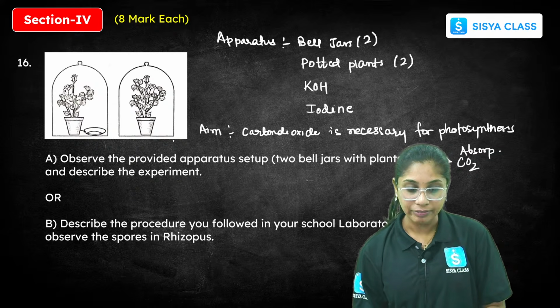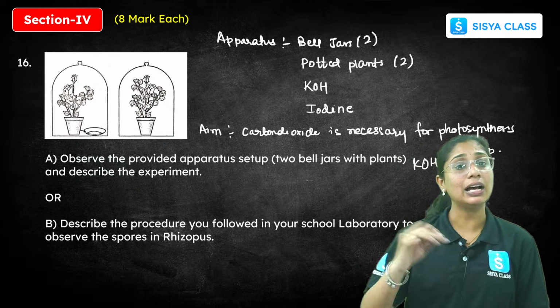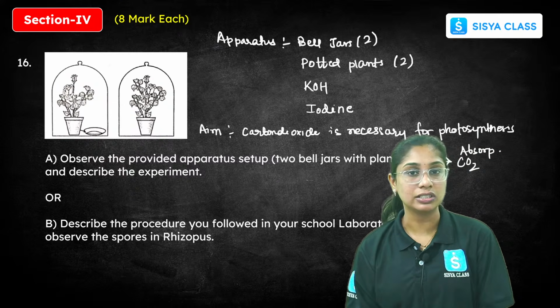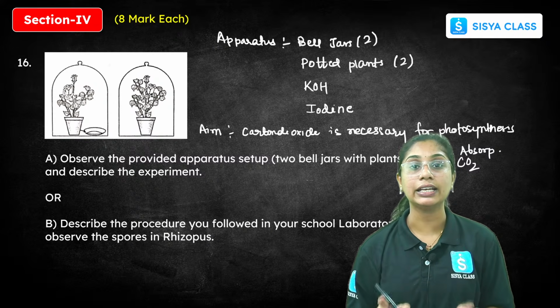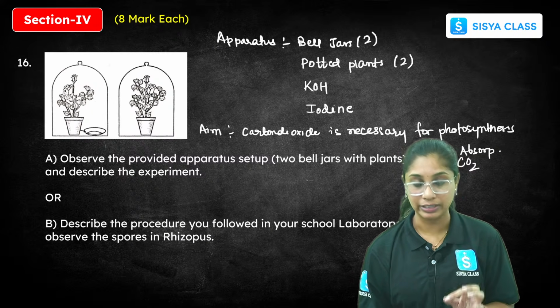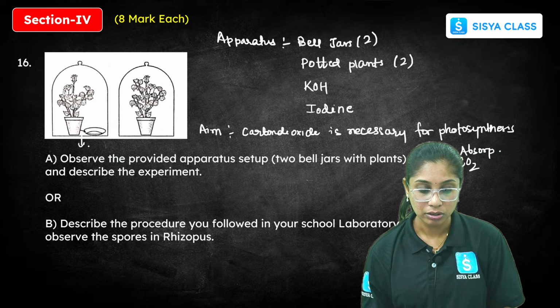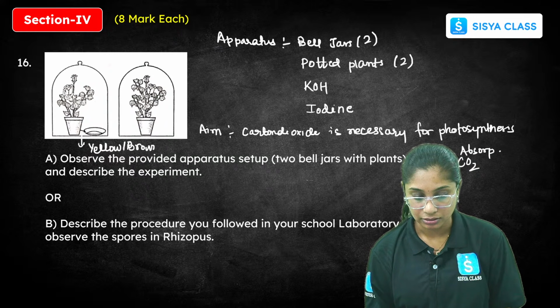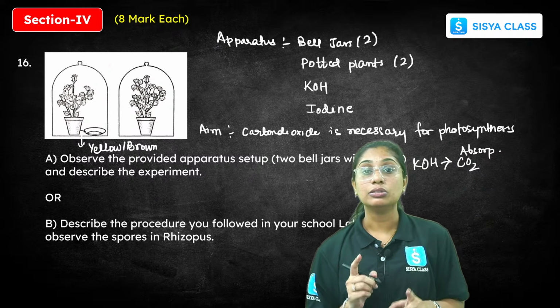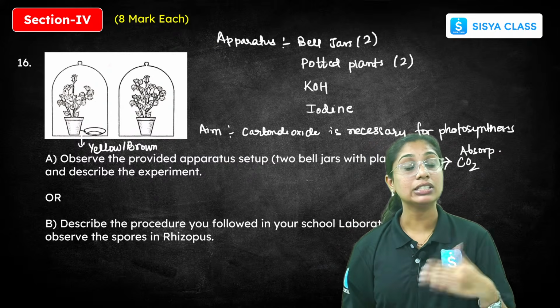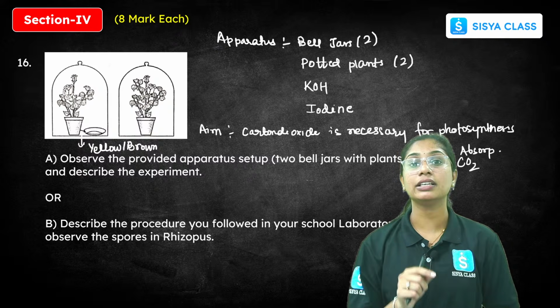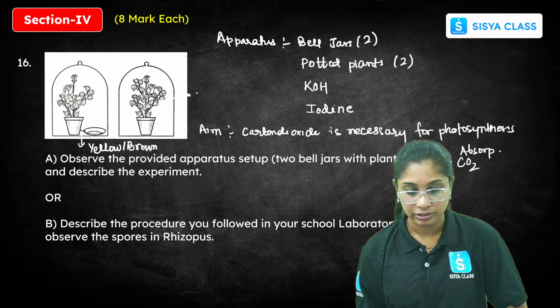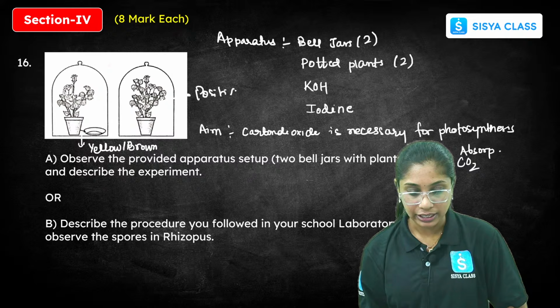After some time we can observe, when we pluck the leaves and do a starch test, that the one which has KOH will not show a positive iodine test. It will show yellow or brown color. But the one where there was no KOH and it was exposed to sunlight, here we can see starch, because it will show a positive iodine test.